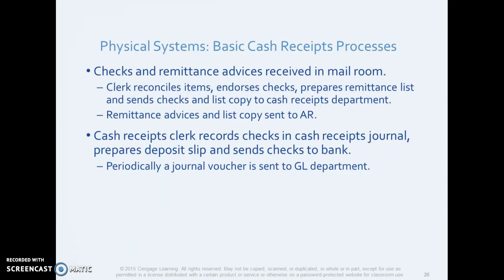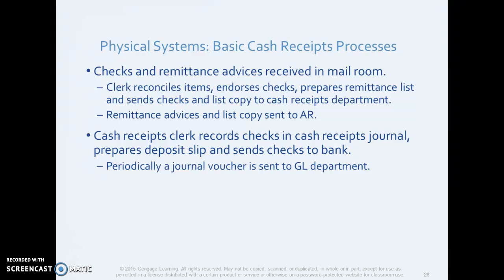So this is the physical. Checks and remittance advices are received in the mailroom. The clerk reconciles. So you see the physical is not really IT related. The clerk reconciles the item, endorses the check, prepares a remittance list, and sends checks and a list copy to the cash receipts department. Remittance advices and list copy are sent to AR.